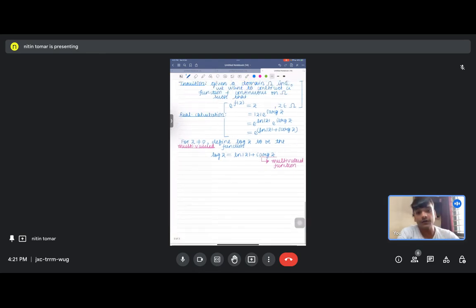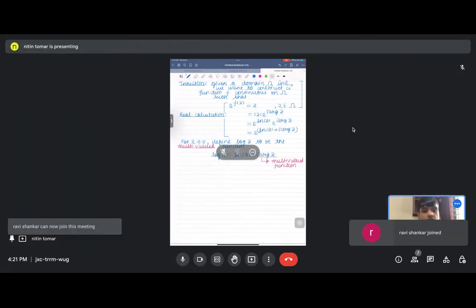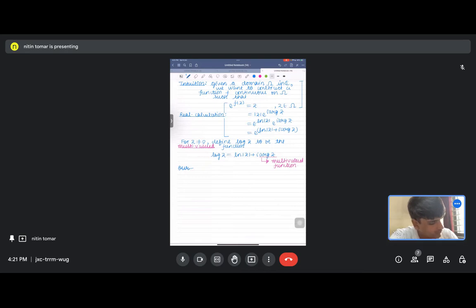So how do we do it? So our aim is to make this log z a single valued function.